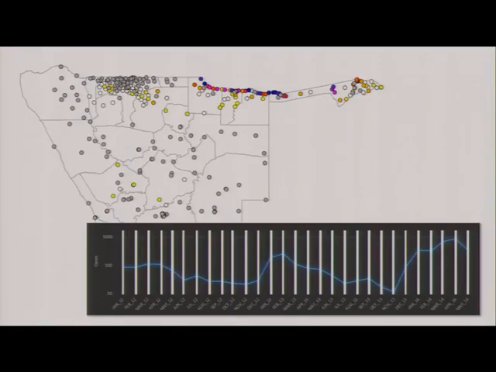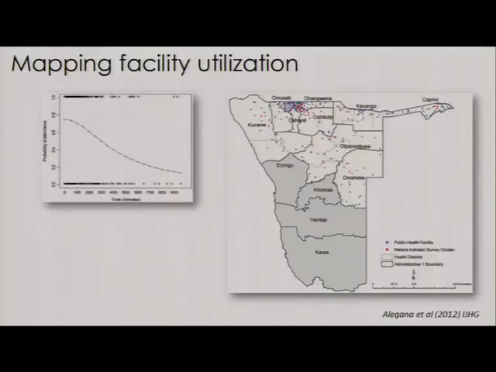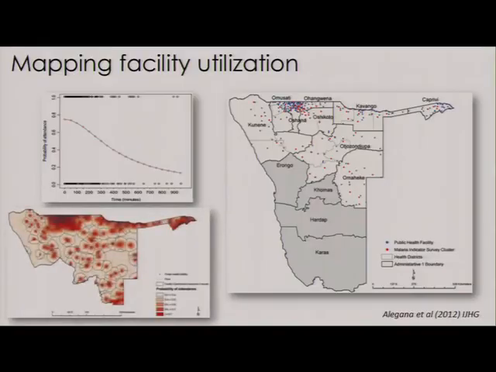So the utilization of health facilities, positivity rates, and various researchers have tried to do this in the past. So this is some examples from Victor Alegana's work, fitting a model based on DHS treatment-seeking questions and travel time information to convert information from household surveys into a predictive model of facility utilization and catchments.